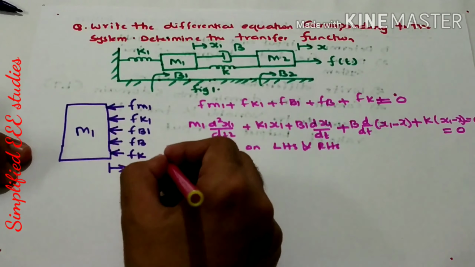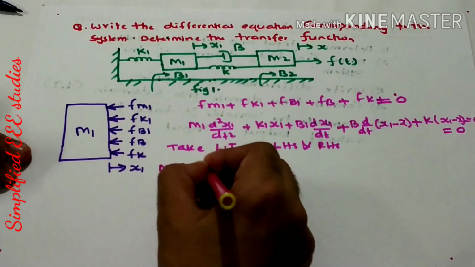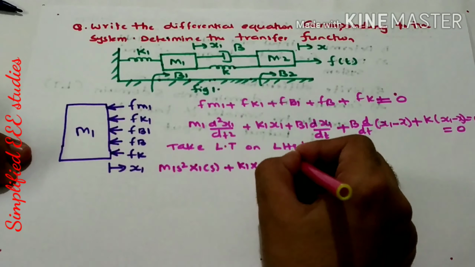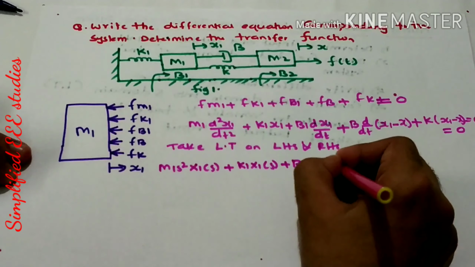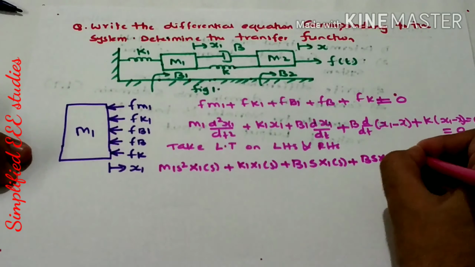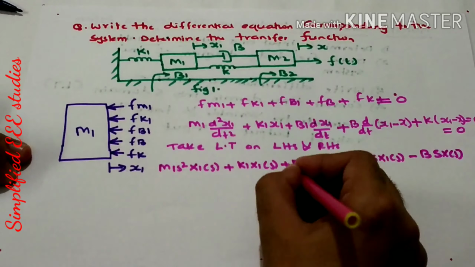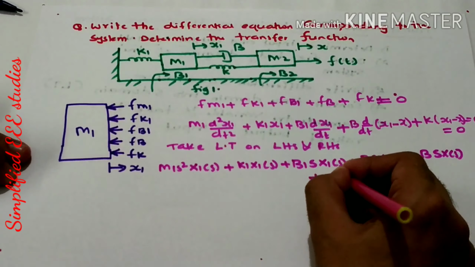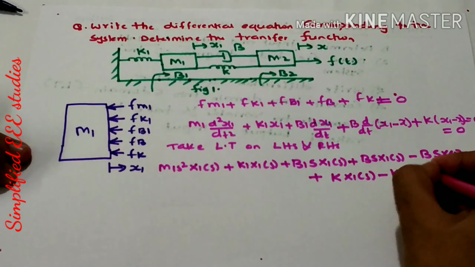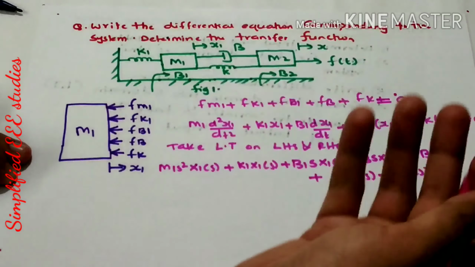Then the above equation can be converted in terms of S domain: M1 into S square into x1 of S plus K1 into x1 of S plus B1 into S into x1 of S plus B into S into x1 of S minus B into S into x of S plus K into x1 of S minus K into x of S, that is equal to 0. What you can do is club the similar terms together and keep the dissimilar terms aside.